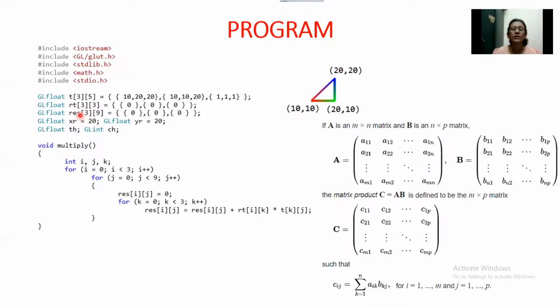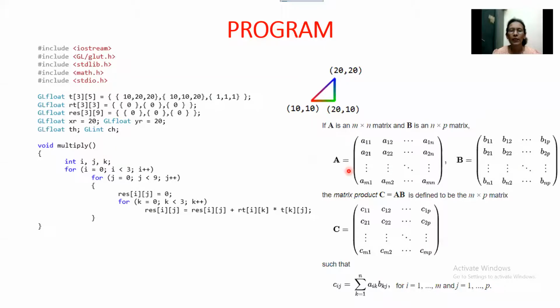We know from mathematics, if you have a matrix A defined by A11, A12, etc., AMN, and matrix B defined by B11, B12, etc., BNP, then the product of the two matrices C equal to AB is given by Cij equal to sigma K equal to 1 to N Aik Bkj. That is what is done here.